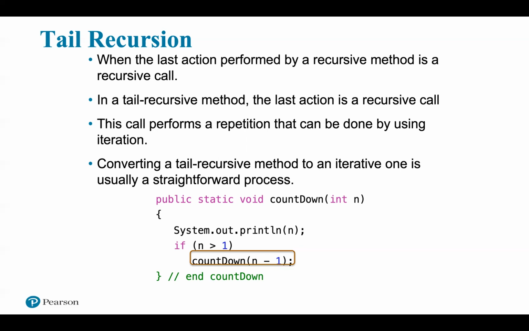The method is essentially the same as the iterative method given in segment 9.7, because converting tail recursion to iteration is often straightforward. Some languages other than Java automatically convert tail-recursive methods to iterative methods to save the overhead involved with recursion. Most of this overhead involves memory, not time. If you need to save space, you should consider replacing tail recursion with iteration.